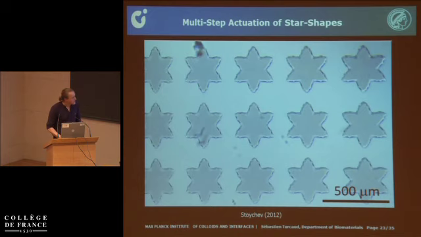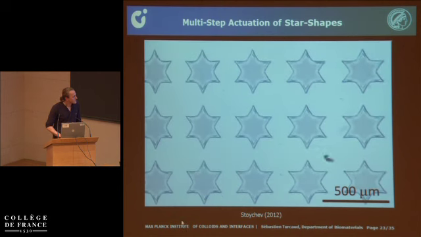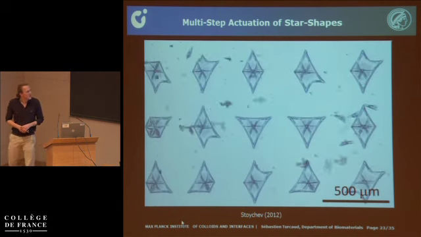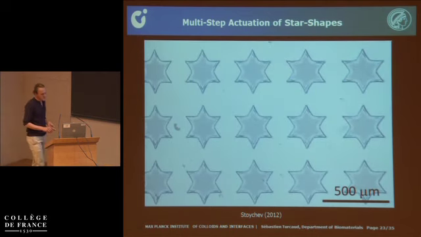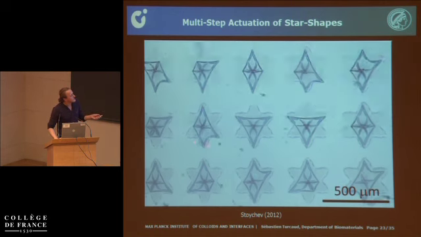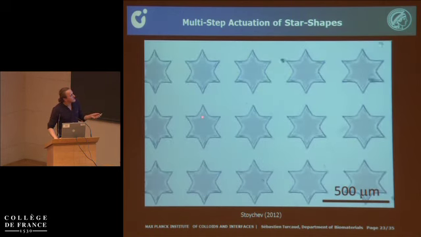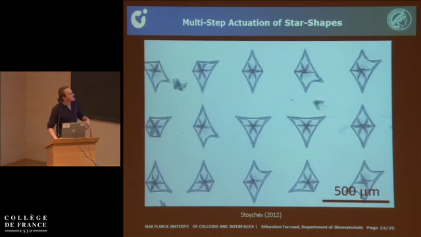Now, if we go to stars, more interesting shapes, I'll just let you watch the video. We see that the actuation process is way more complicated than for rectangles, and we see different patterns. What's more, we see that there are different steps in the actuation.